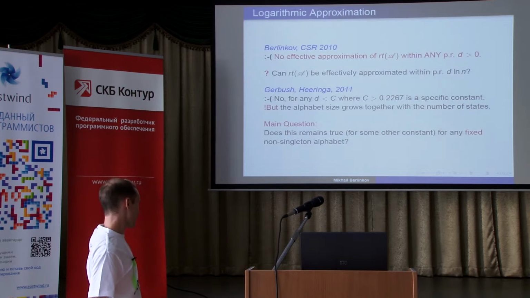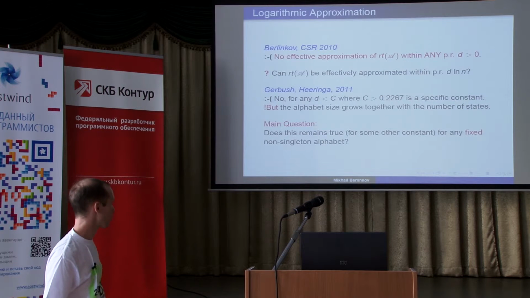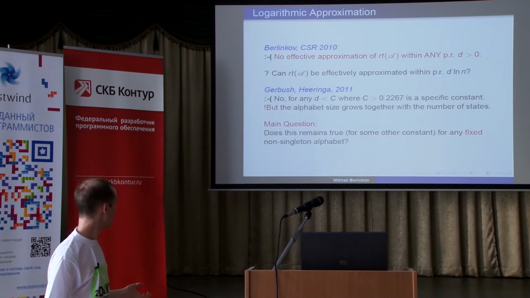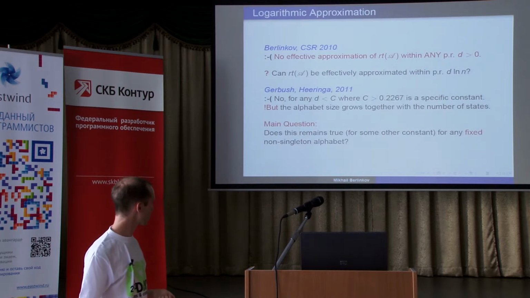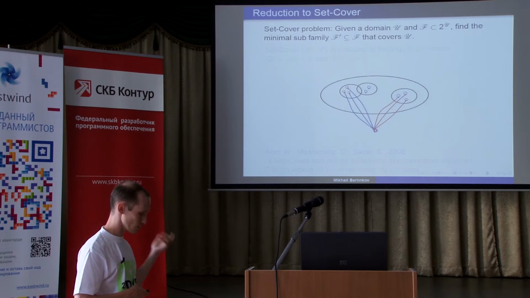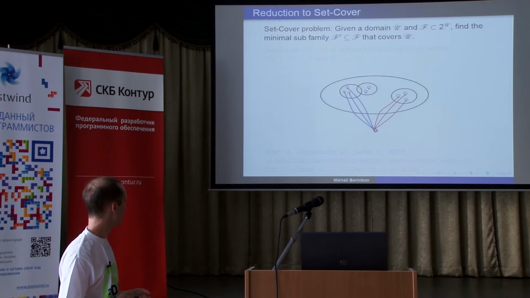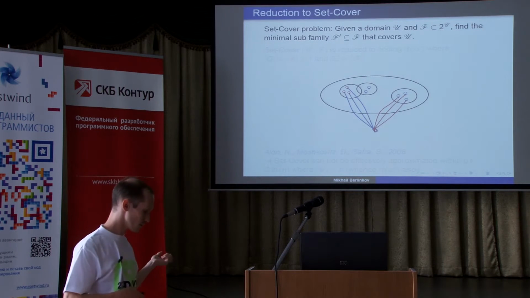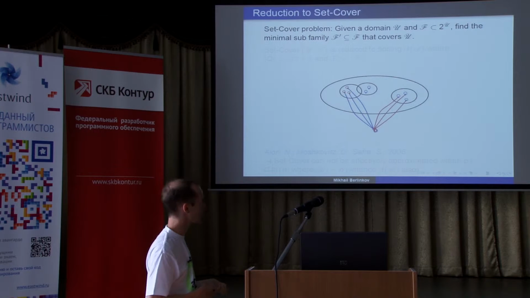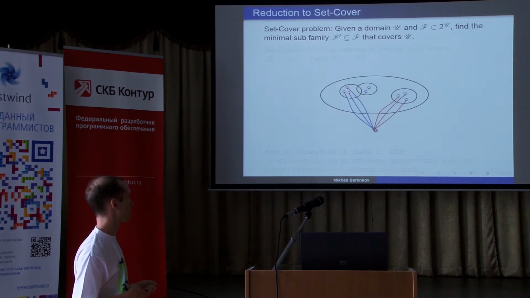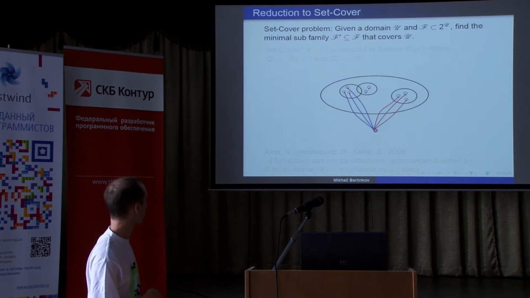So the main question is, does this result remain true, probably with some other constant, for any fixed non-singleton alphabet? To solve this problem, we analyzed the proof of Gerbusch and Heringa and another paper, another result.